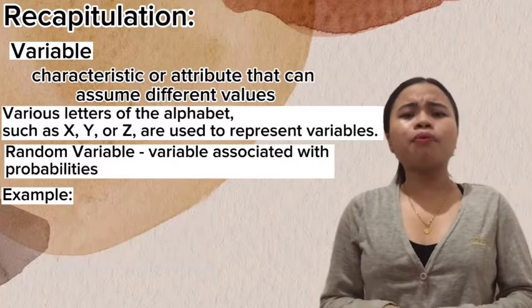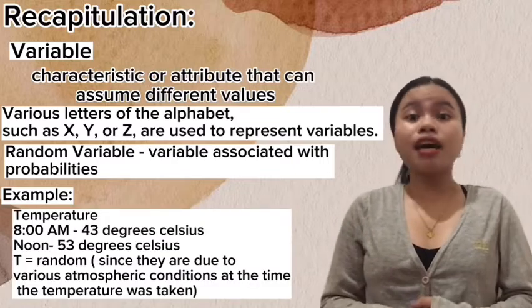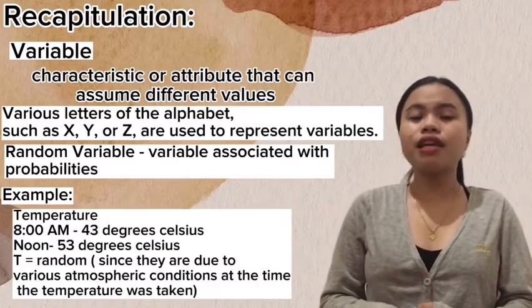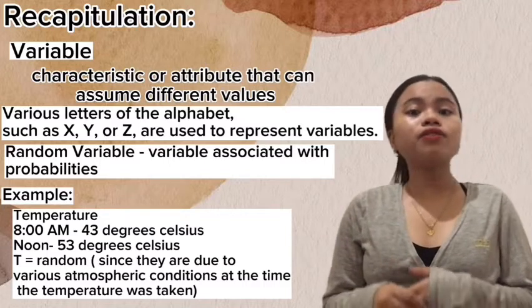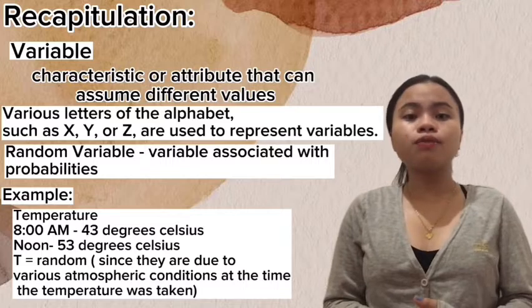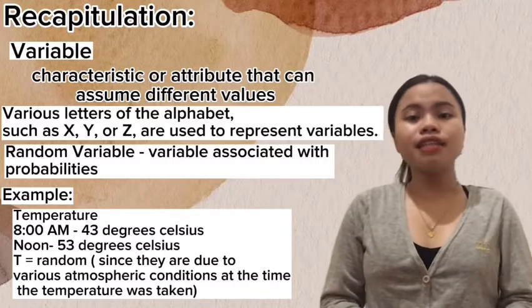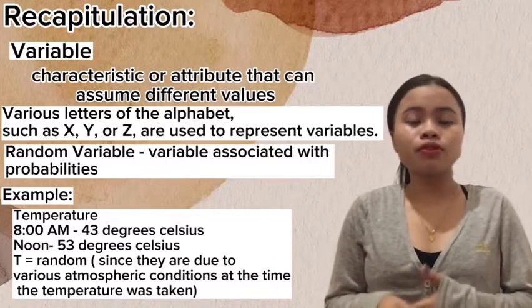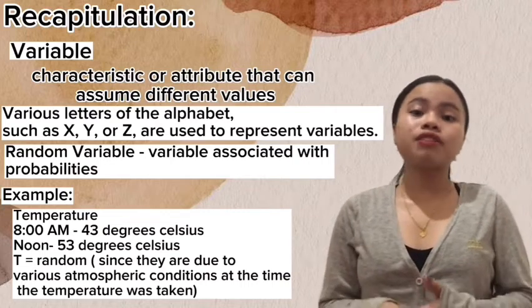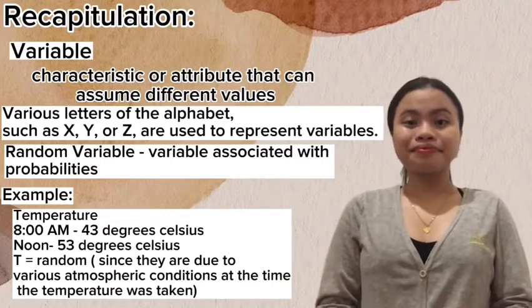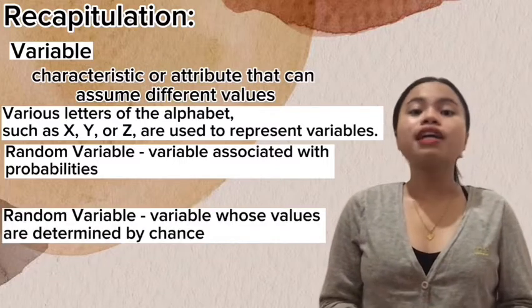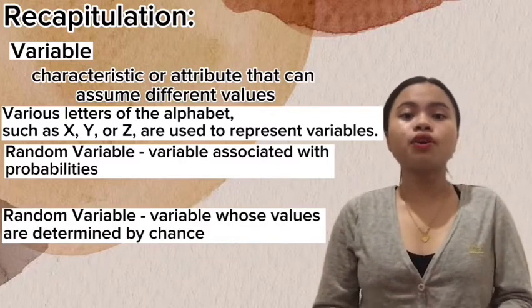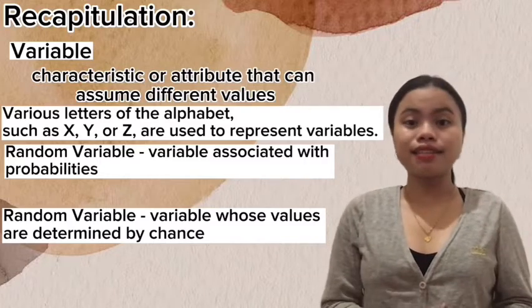As another example, if the temperature at 8 a.m. is 43 degrees Celsius and at noon it is 53 degrees Celsius, then the values T that the temperature assumes are said to be random, since they are due to various atmospheric conditions at the time the temperature was taken. So, in other words, a random variable is a variable whose values are determined by chance.